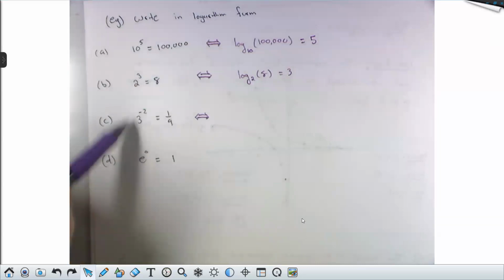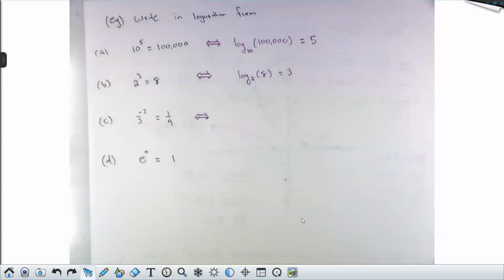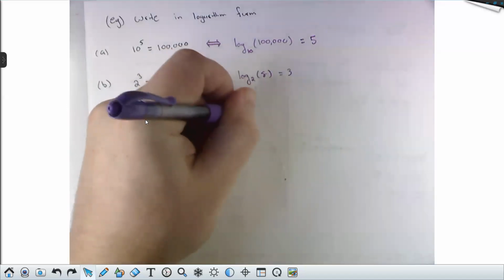What about this guy? How could I rewrite this as a statement about logarithms? Would it be log base 3, and then in parentheses 1/9, would equal 2?